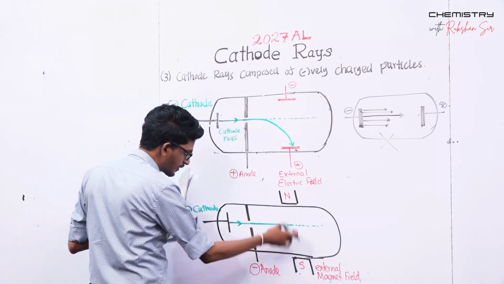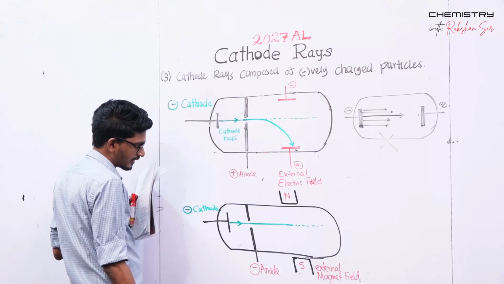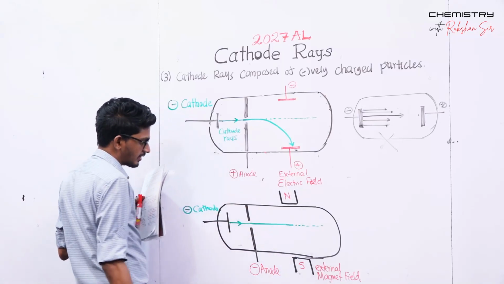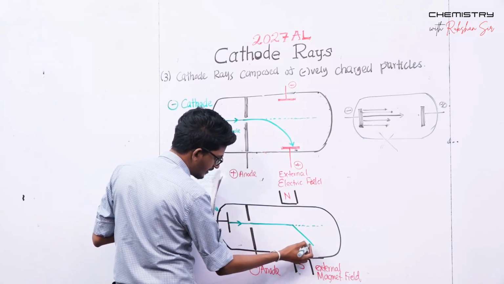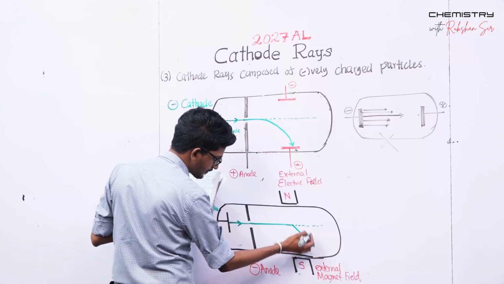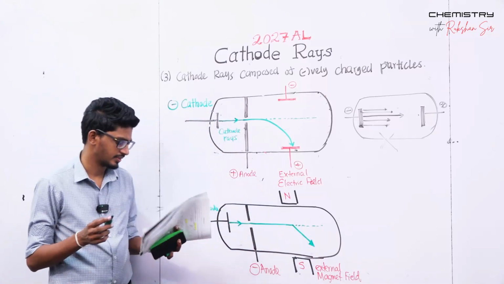Not towards any of the poles, but perpendicular to the field. It will deviate perpendicular to the field like this. Okay, perpendicular to the field.